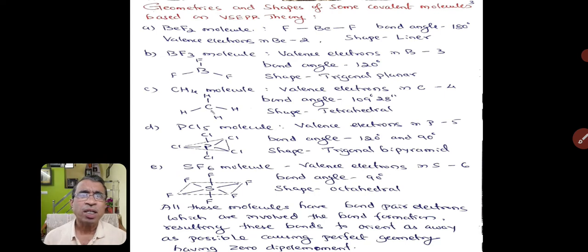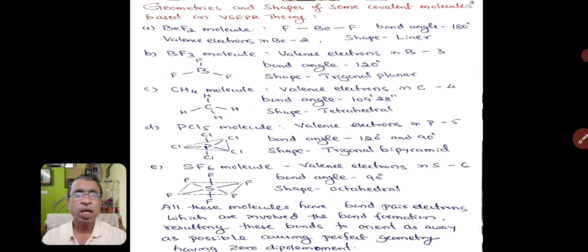Let us take molecules which have various shapes and perfection in geometry. The first example is beryllium fluoride. Here the central atom is beryllium and the two fluorine atoms are attached to it through covalent bonds, and they orient in space as far away as possible so that the repulsion between the two is minimum.